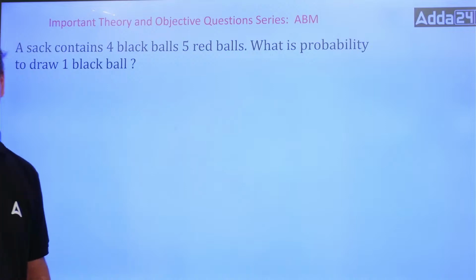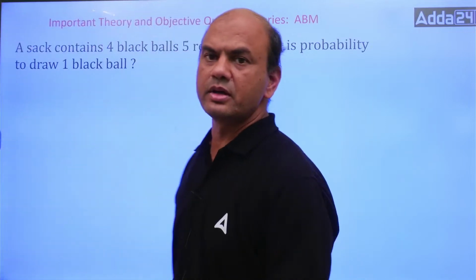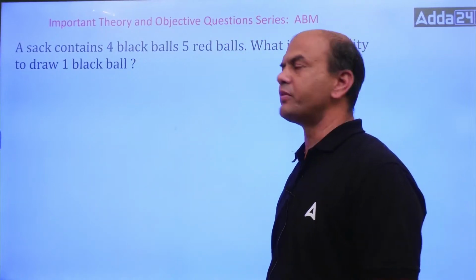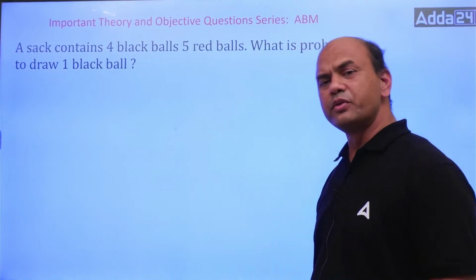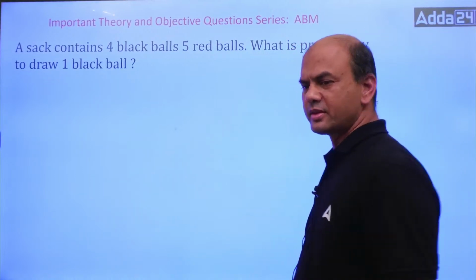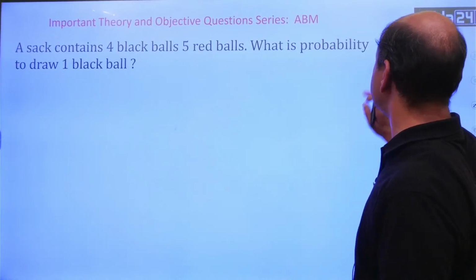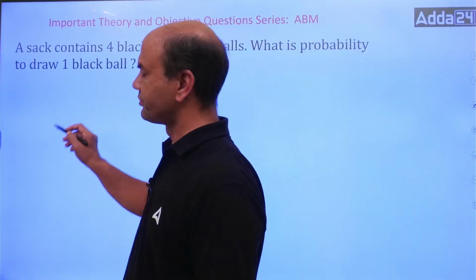Here, it is very similar to the earlier problem. 4 black and 5 red, right? So now you answer me one by one. Let's see. What is the formula for probability first?